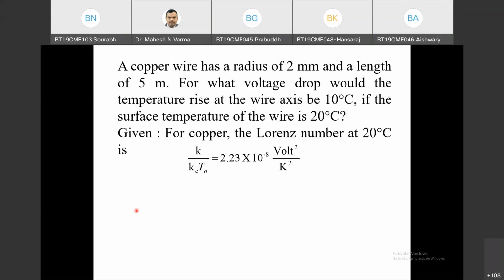For copper, the Lorenz number at 20 degrees Celsius is 2.23 into 10 raised to minus 8 volt square per Kelvin square.